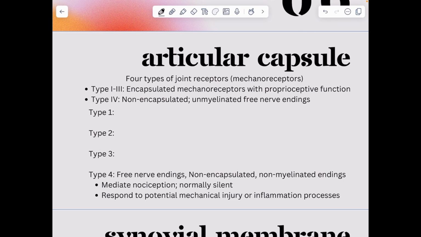Type 1 monitors your joints at rest, like right now while you're just sitting there. Type 2 is normal movement, like walking. And type 3 is your tendons during movement, like if you're running or jumping.